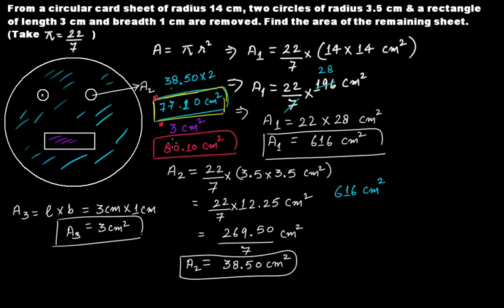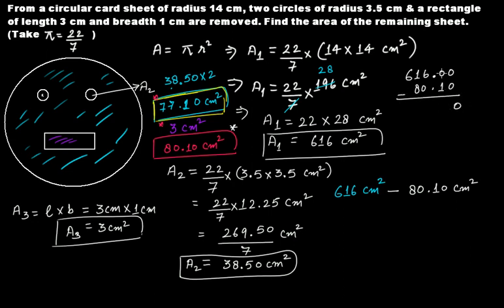Now, this 80.00 centimeters square is this area plus this area plus this area. If you subtract this 80.00 centimeters square from this one, you get the area of the shaded region. Now, if you want to do this, you can do 616.00 minus 80.00.